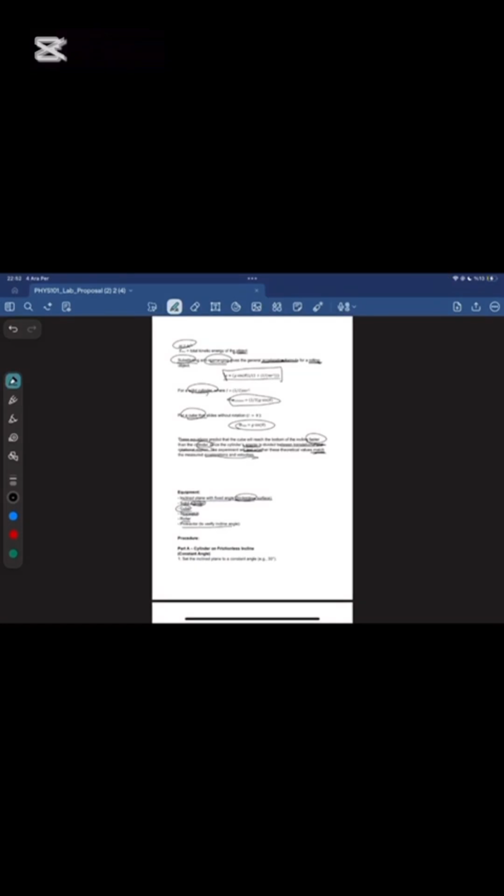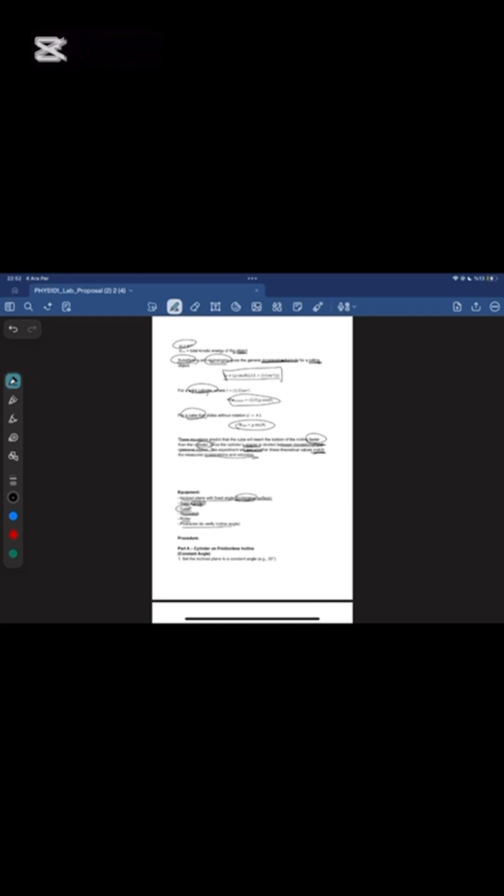When we substitute the value of I for a solid cylinder, this simplifies to a equals 2/3 g sin theta. So theoretically, the cube should accelerate faster and reach the bottom sooner.